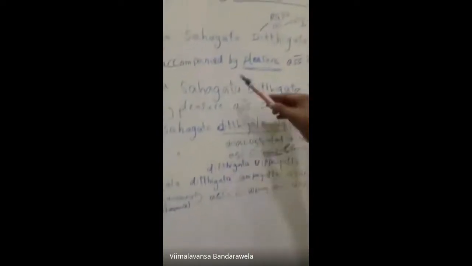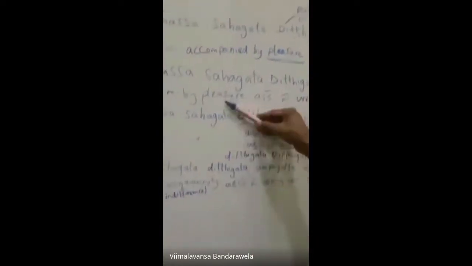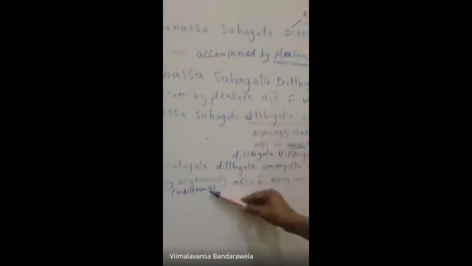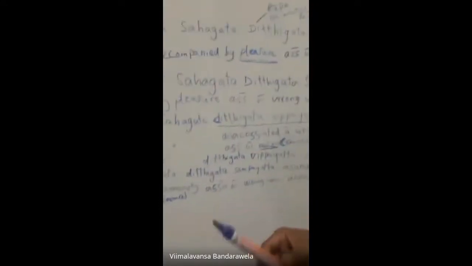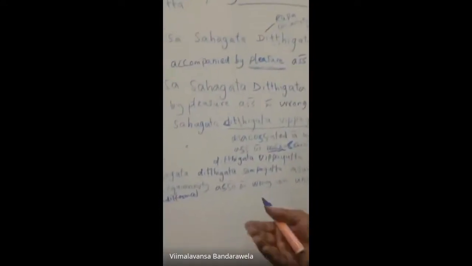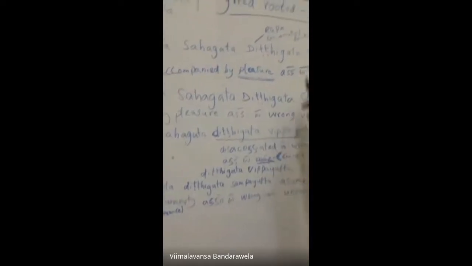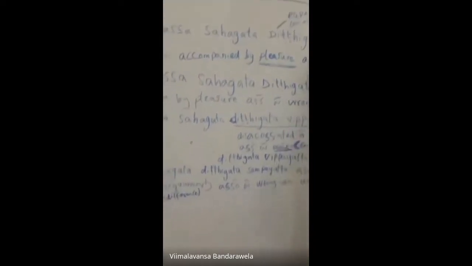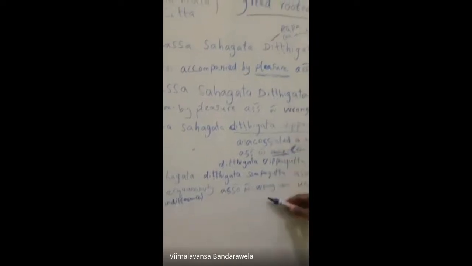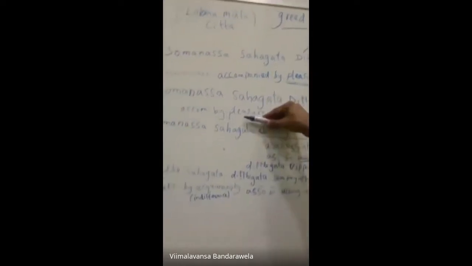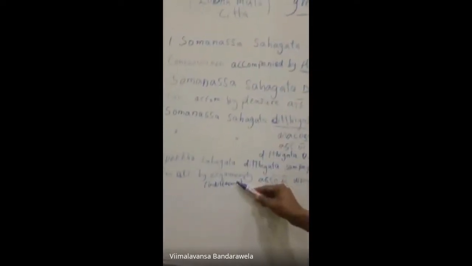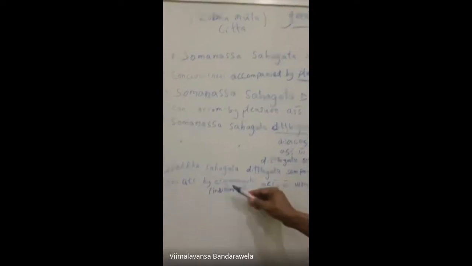That means this consciousness doesn't arise with pleasure, but with equanimity. Sometimes one consciousness will arise with wrong view, whatever wrong view I mentioned above, sometimes with pleasure, sometimes with equanimity, upekkha, right?